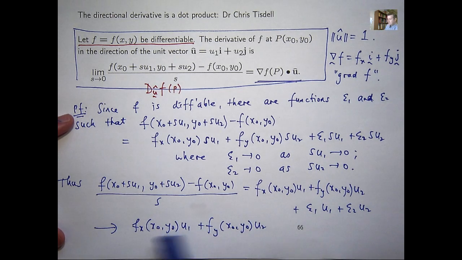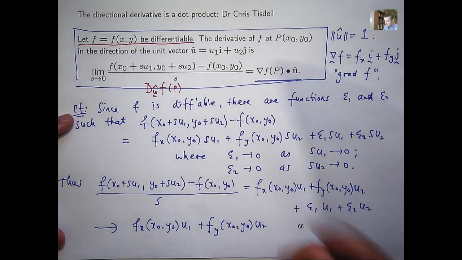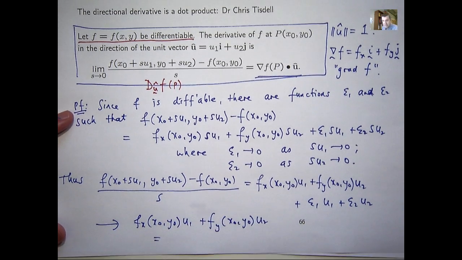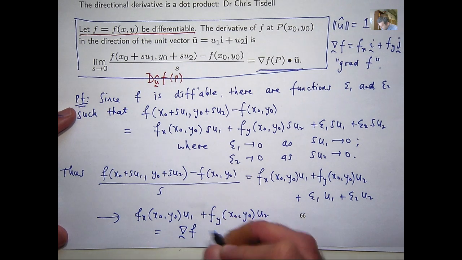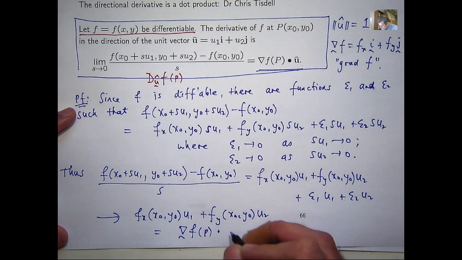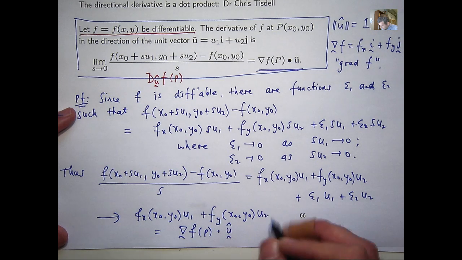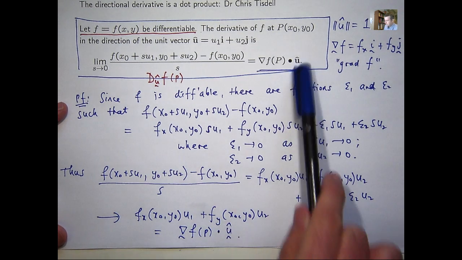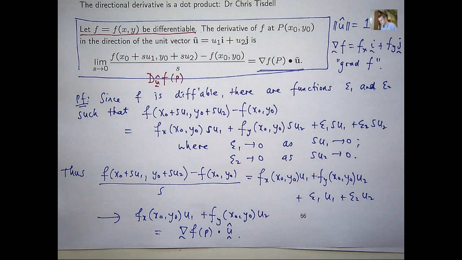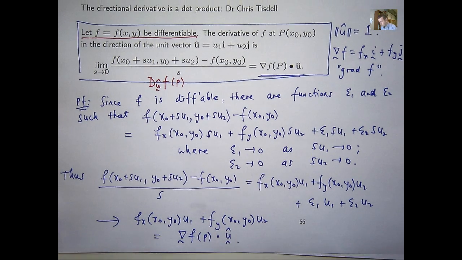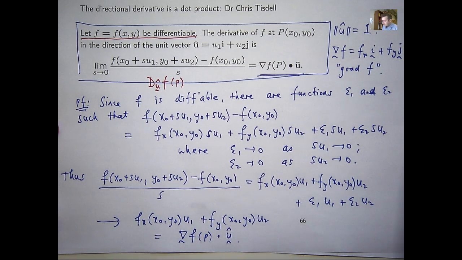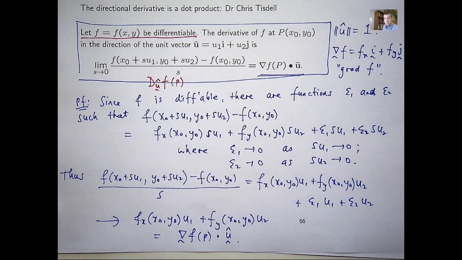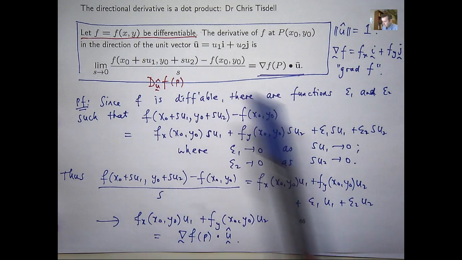And if you look carefully at this, what is this? Well, it's just this dot product. So it's just the right-hand side of the expression that we were trying to prove. Okay, so you can see, hopefully, that the proof relied very much on the differentiability of f.